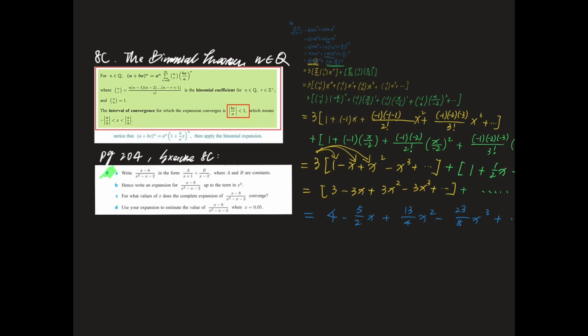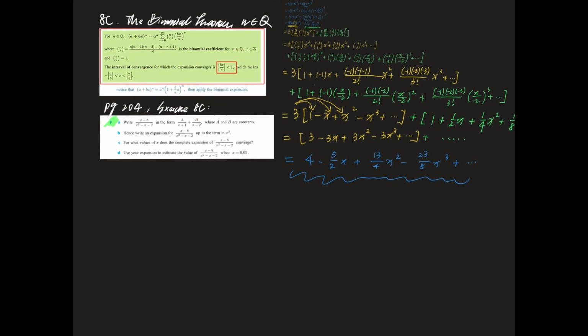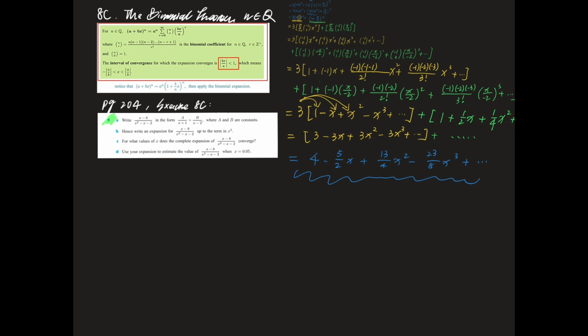Okay. Finally, 9d, use your expansion to estimate the value of this when x equals 0.05. How do we approach this? We can just substitute it back into our expression found in 9b, right? So we know x, we know the expansion result, so we just substitute it back in to solve it. Very straightforward. So when x equals 0.05, we substitute it back into this.